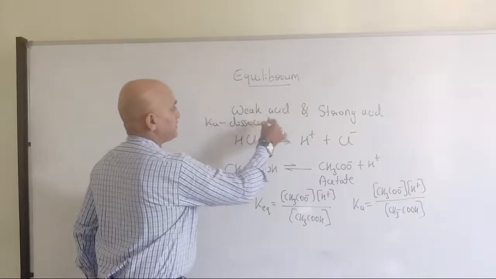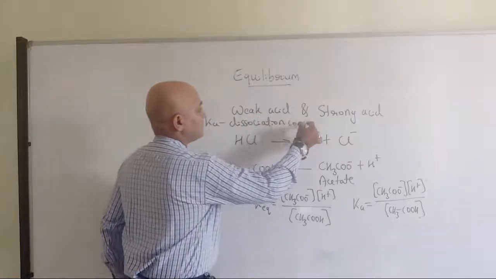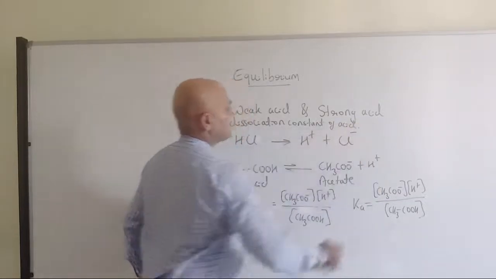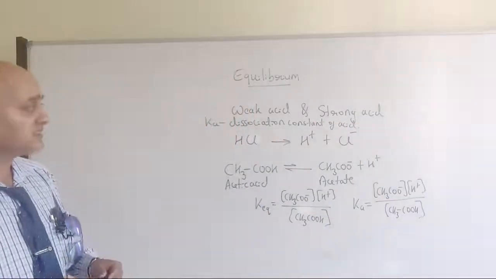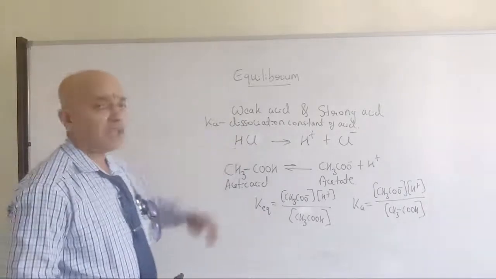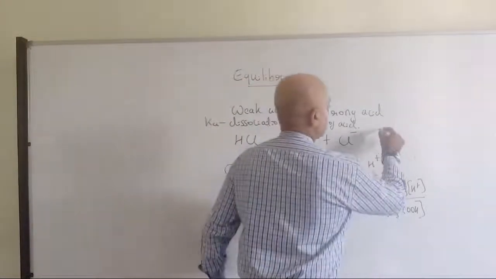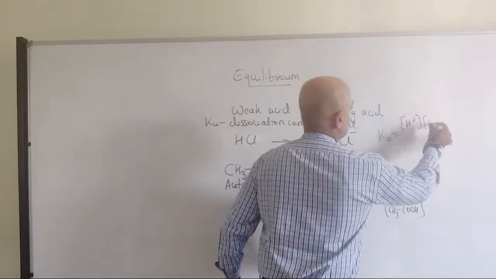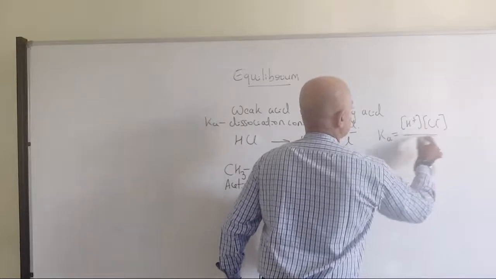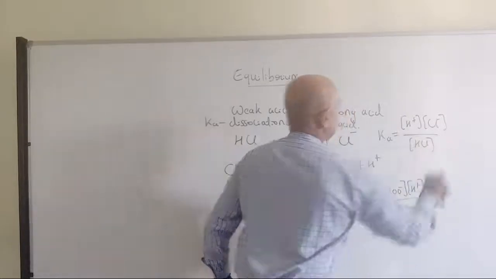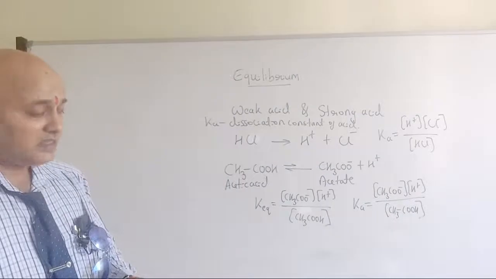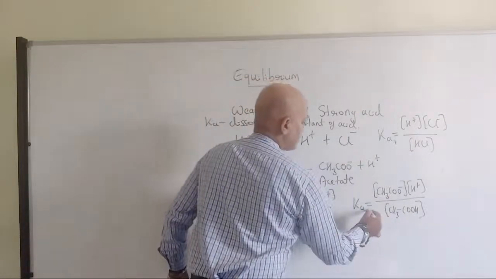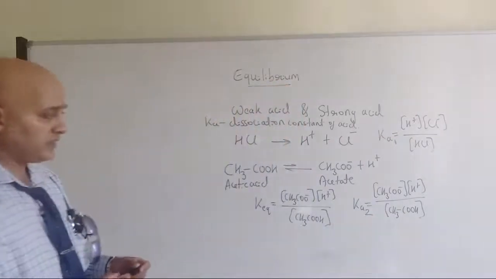Same thing if I apply for HCl dissociation: Ka is equal to H plus concentration into Cl minus concentration divided by HCl. Now I will consider HCl as Ka1 and acetic acid as Ka2.